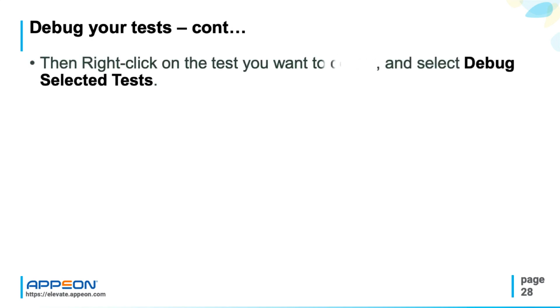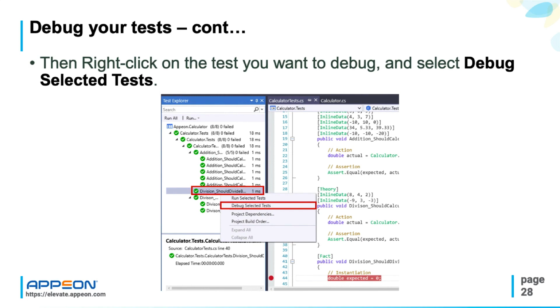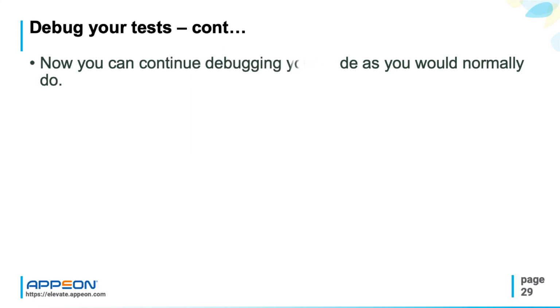Then right-click on the test you want to debug and select Debug Selected Tests. Now you can continue debugging your code as you would normally do.